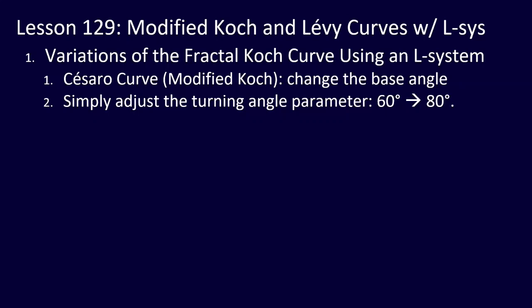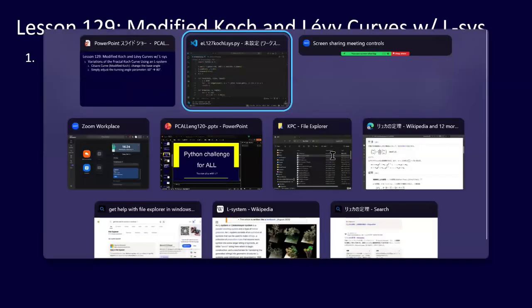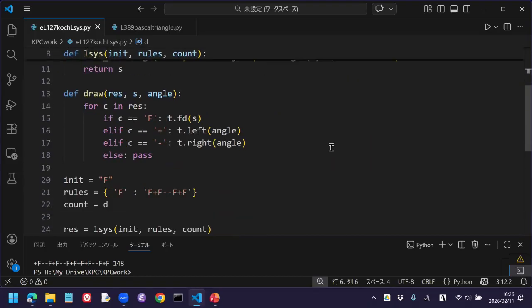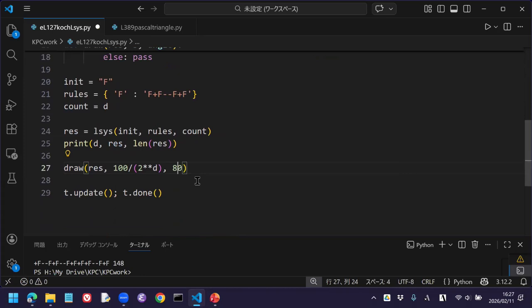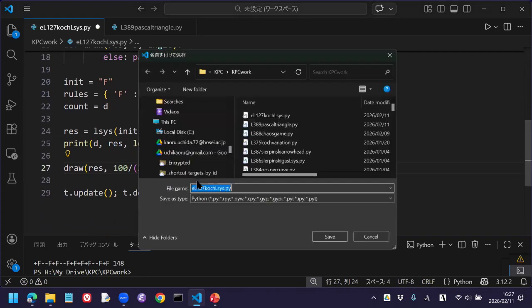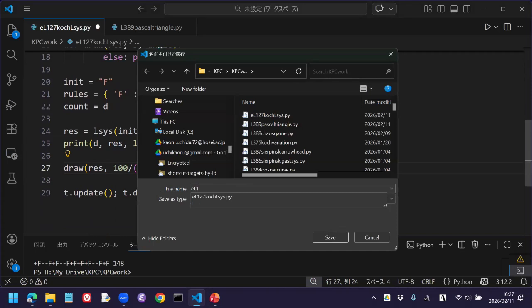That's quite simple, okay? By just changing the angle from 60 to, say, 80. Let's see how it looks. Let's save it as EL128 Koch variation.